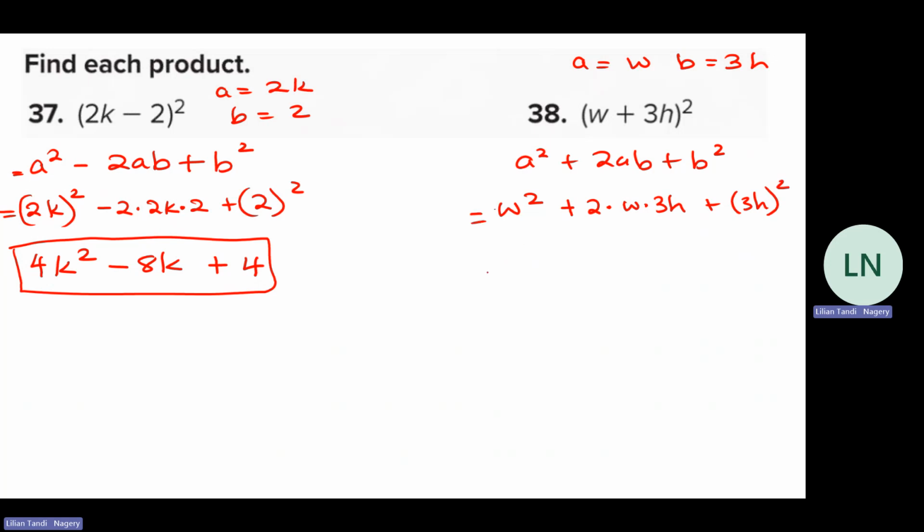So what does that give us? W squared plus 6WH. It's supposed to be HW because H comes before W. HW plus 9h squared.